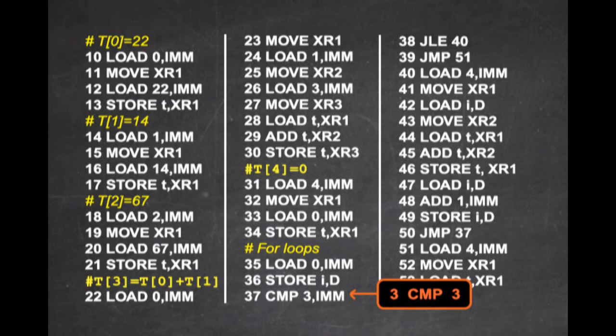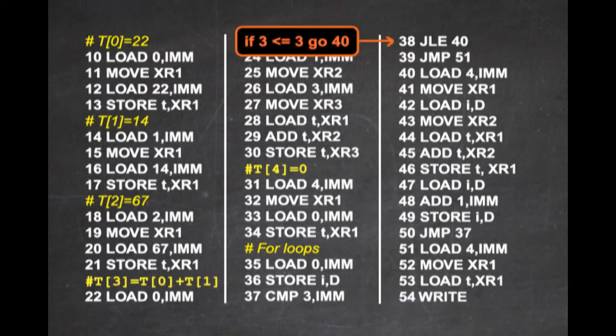Accumulator content 3 is compared to the constant value 3. Since 3 is less or equal to 3, the next operation to be run is located at 40th memory address.